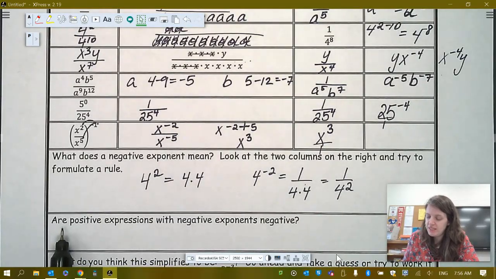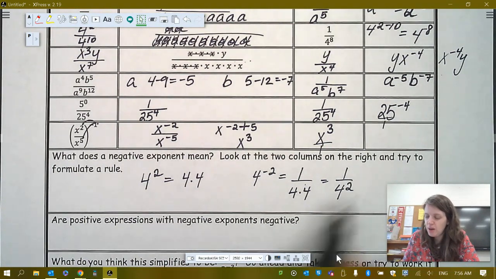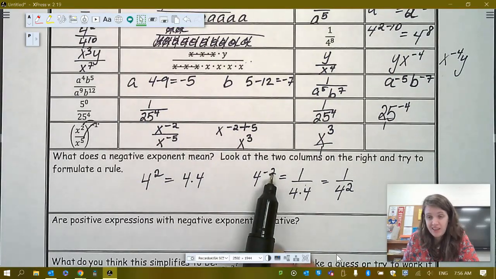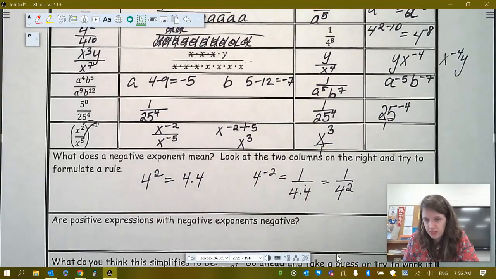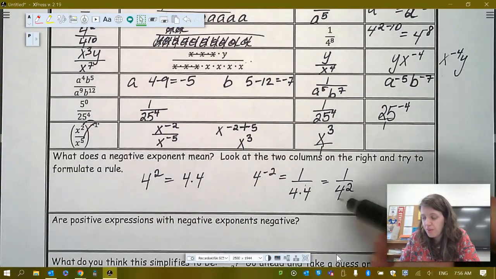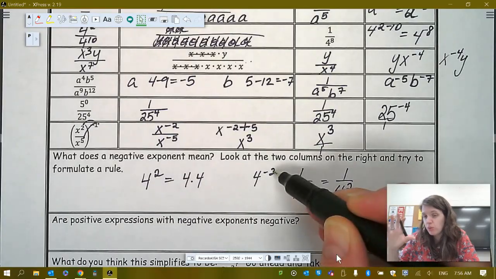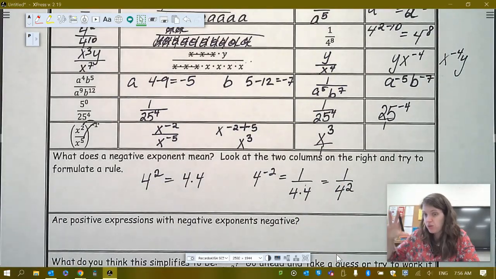Okay, are the positive expressions with negative exponents negative? So what this is asking you is, does this end up being a negative number? Does 4 to the negative 2 end up being negative 16? It does not, right? Because anything squared is not going to be negative. Two positives are going to make a positive, 2 negatives are going to make a positive. Nothing about this means it's a negative number. What it is saying is we're actually reducing the size instead of increasing the size exponentially by that many 4s.